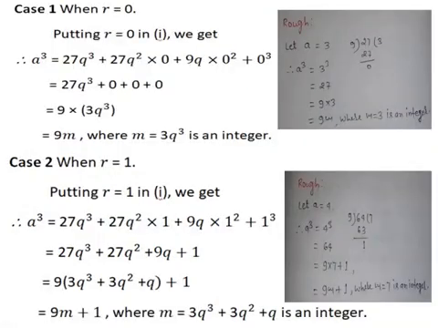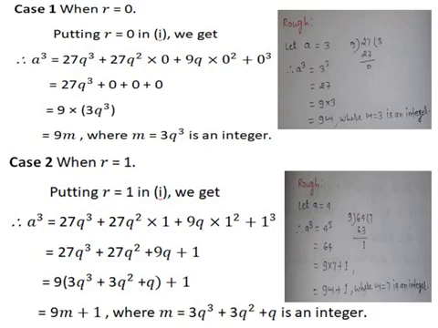Case first, when r is equal to 0, putting r is equal to 0 in equation first, we get a cube is equal to 27 q cube plus 27 q square into 0 plus 9q into 0 square plus 0 cube, equal to 27 q cube plus 0 plus 0 plus 0, equal to 9 into 3 q cube, is equal to 9m, where m is equal to 3 q cube, an integer.